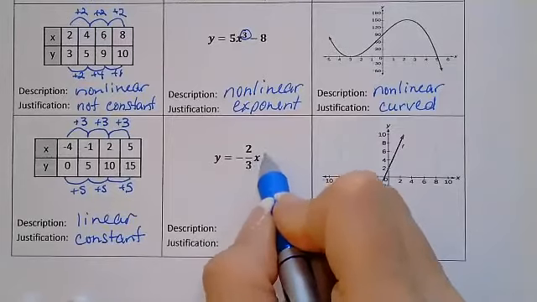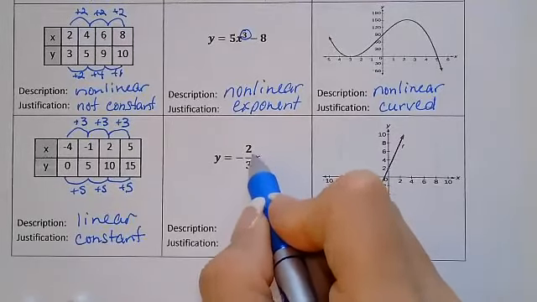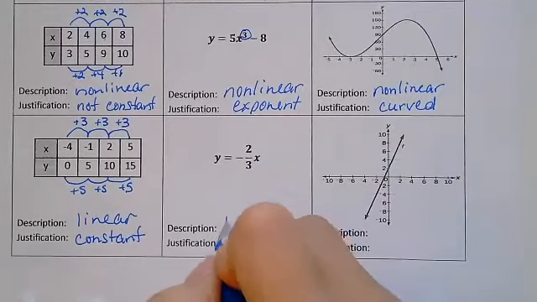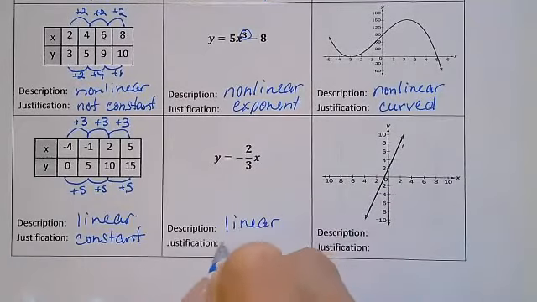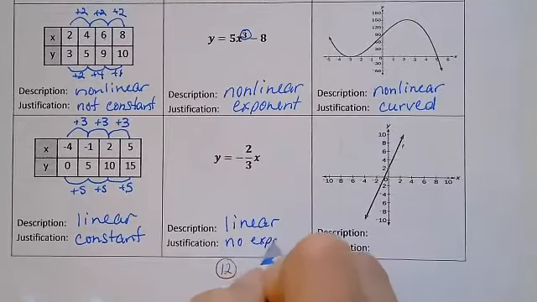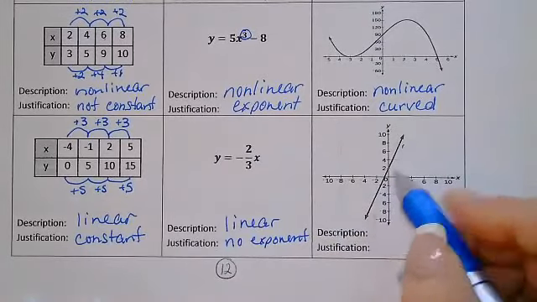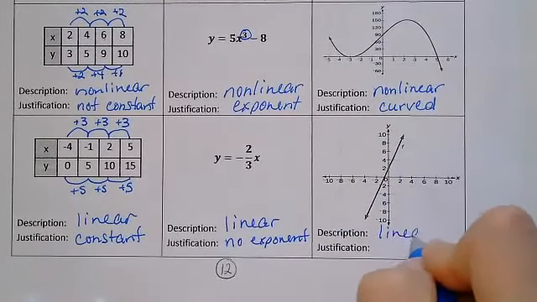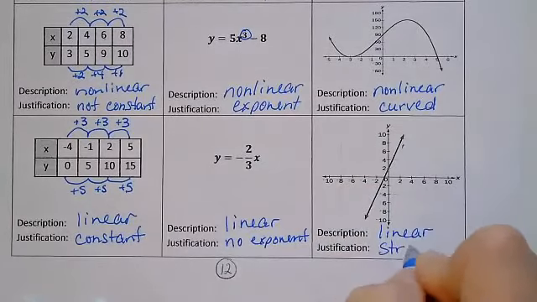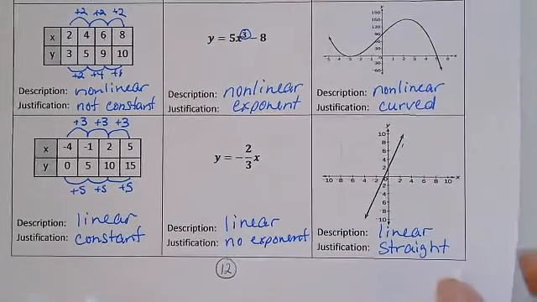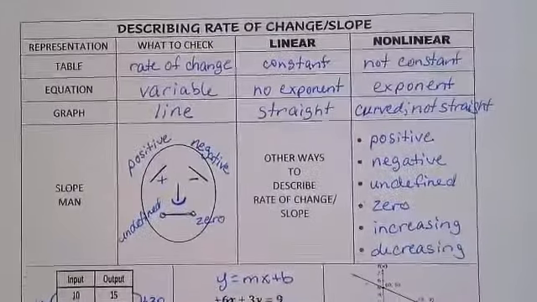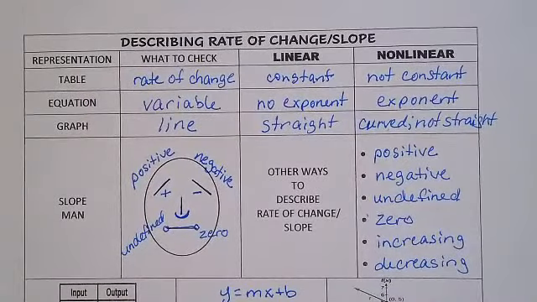In an equation, I have to look at my variables, see if it has an exponent. There's no exponent, so it will be linear. And then looking at this line, it is straight, so it is a linear function. And those are examples of how we can describe slope or rate of change.